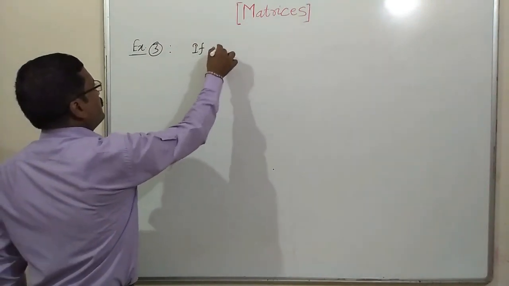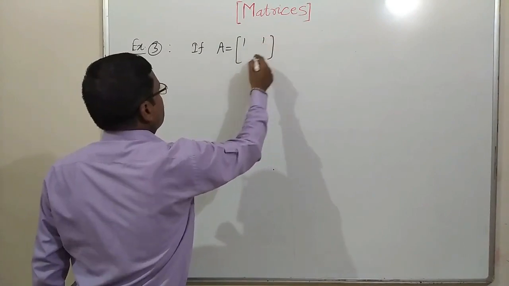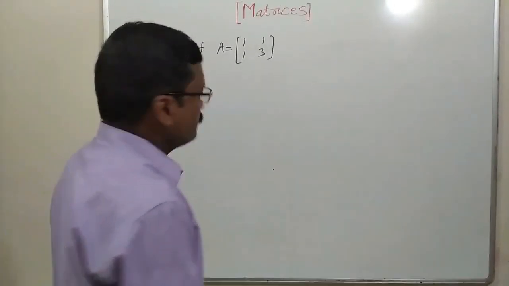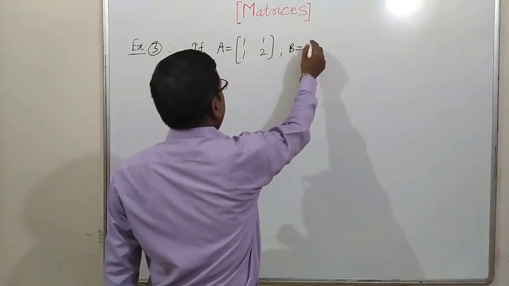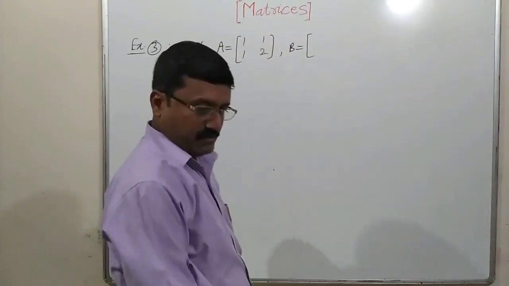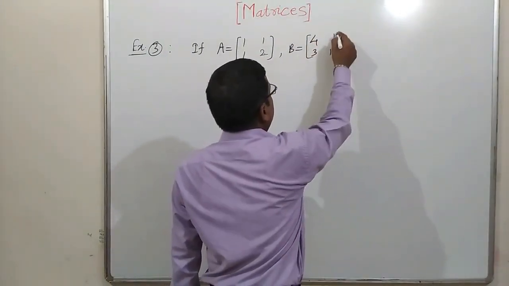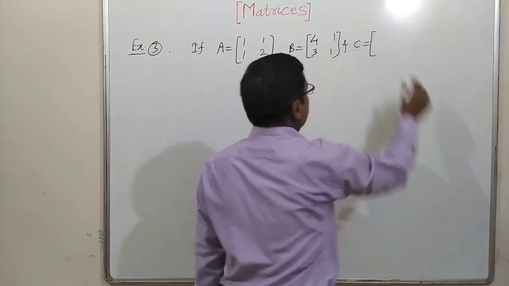If A is 1, 1, 1, 2, and B is given 4, 1, 3, 1, and matrix C is also given here.